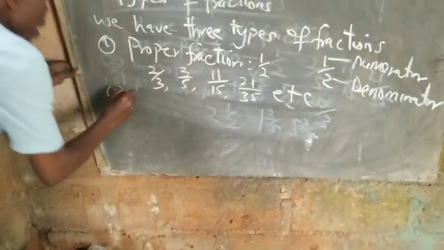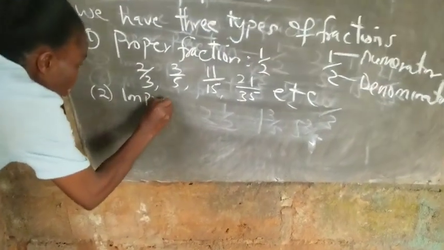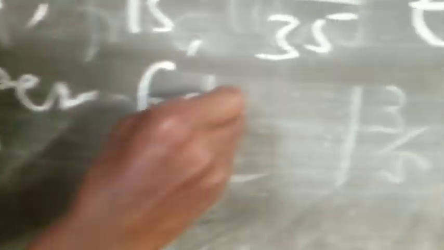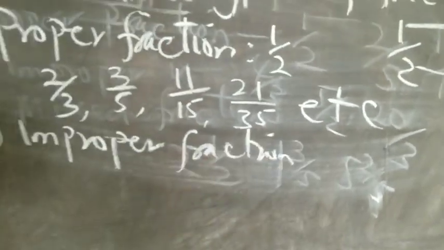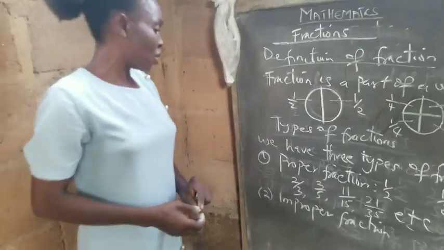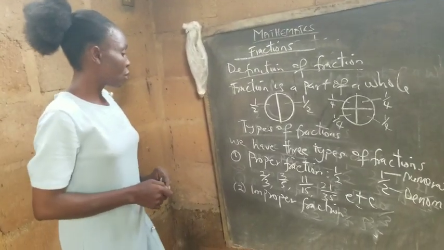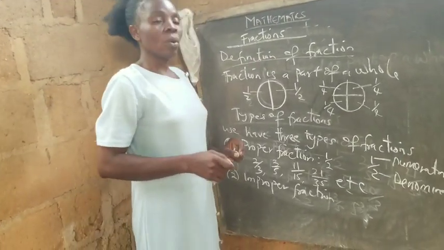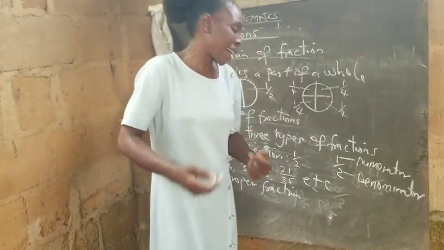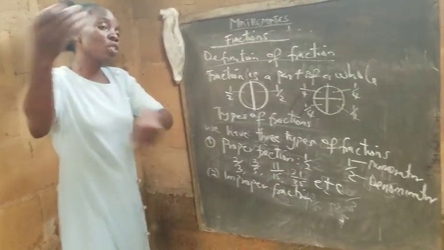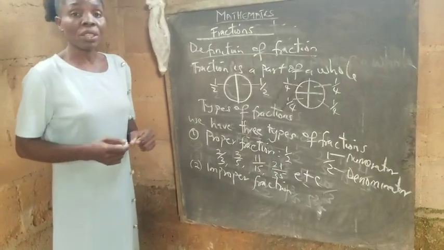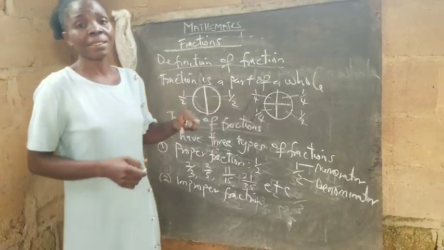We have improper fraction. Improper fractions are simply fractions whose numerator is greater than the denominator. Or I put it the other way around: the denominator is less than the numerator.